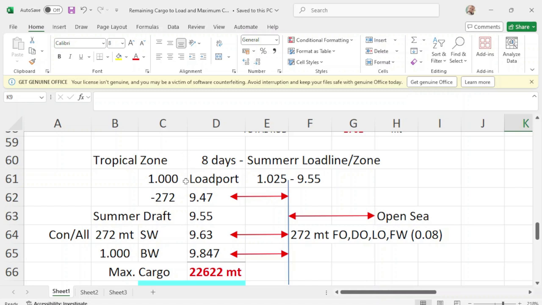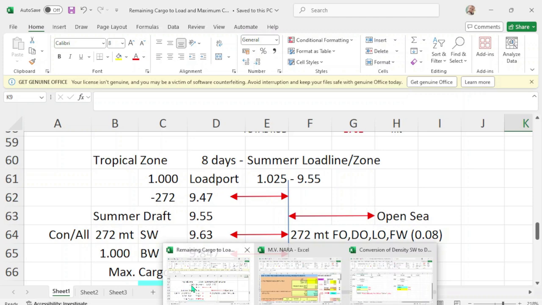From this point of departure to the summer zone, which is the boundary, it will take him 6 days. So the governing zone on this part is tropical zone, and from the boundary of seawater of 1.025 will be the summer zone. So that is what it meant by this statement.